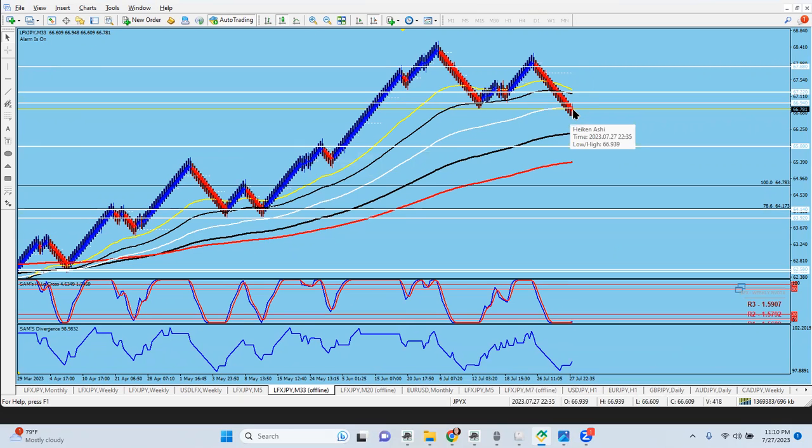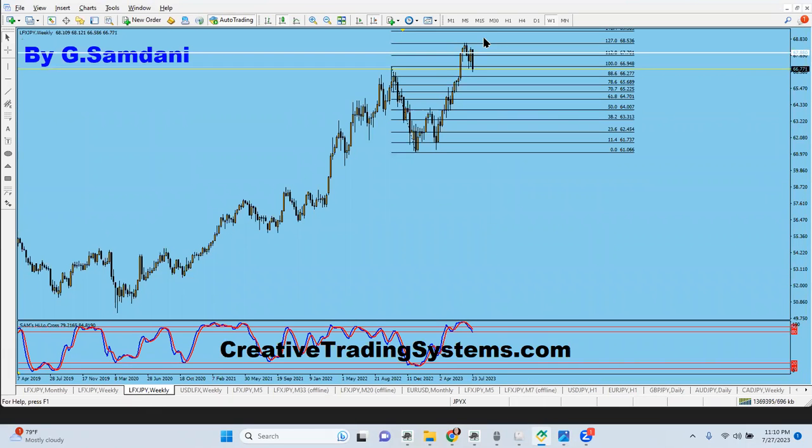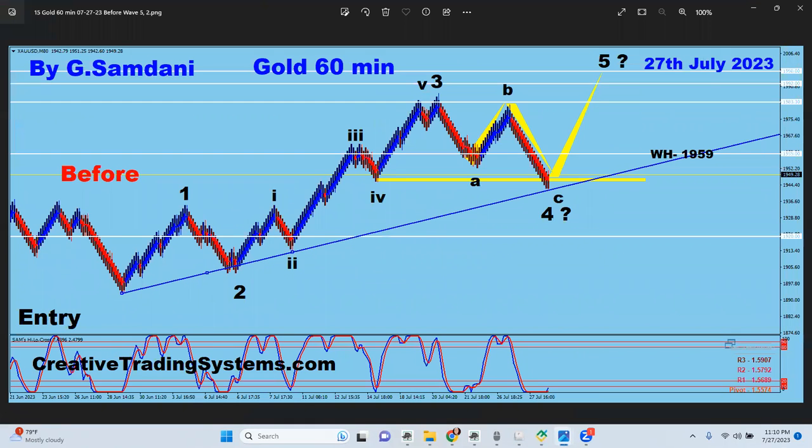And after that, if this thing starts to go higher, then what will happen? All yen pairs will turn to the upside and run and fly. So I'll be ready for that as well. But gold is the one that I'll be watching, and let's see.